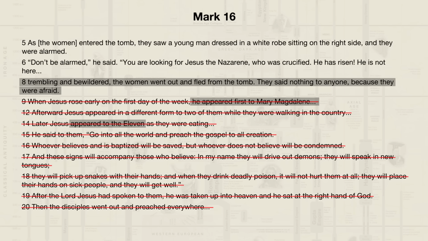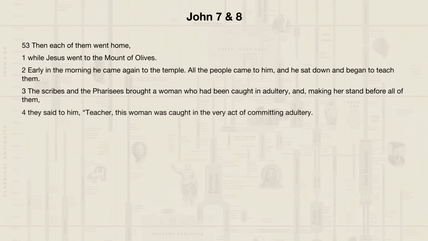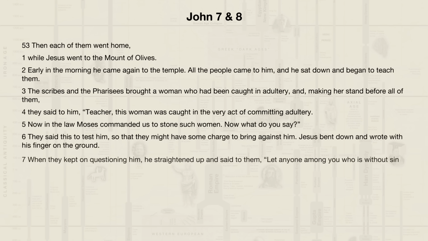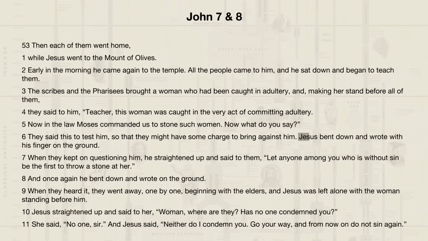A similar situation can be found in the Gospel of John, from chapter 7, verse 53 to chapter 8, verse 11. This section is known as the Pericope Adulterae, and it contains the story of the adulterous woman who is brought before Jesus. Jesus writes something in the sand and then asks the woman's accusers which one of them is without sin.